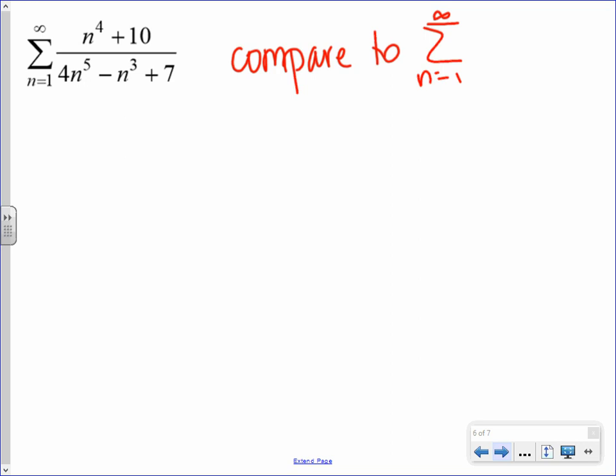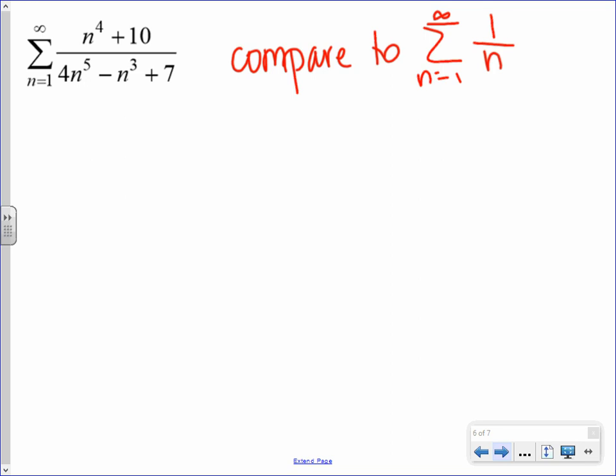Isaac, what are we going to compare this to? And why 1 over n? Essentially we have a 4th degree divided by a 5th degree. So if we just look at the leading degrees, we have 1 over n.